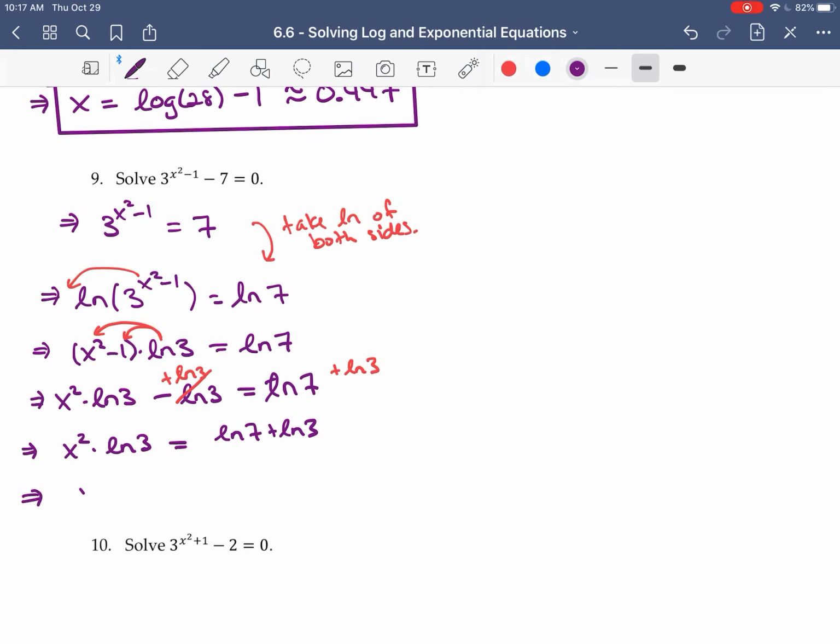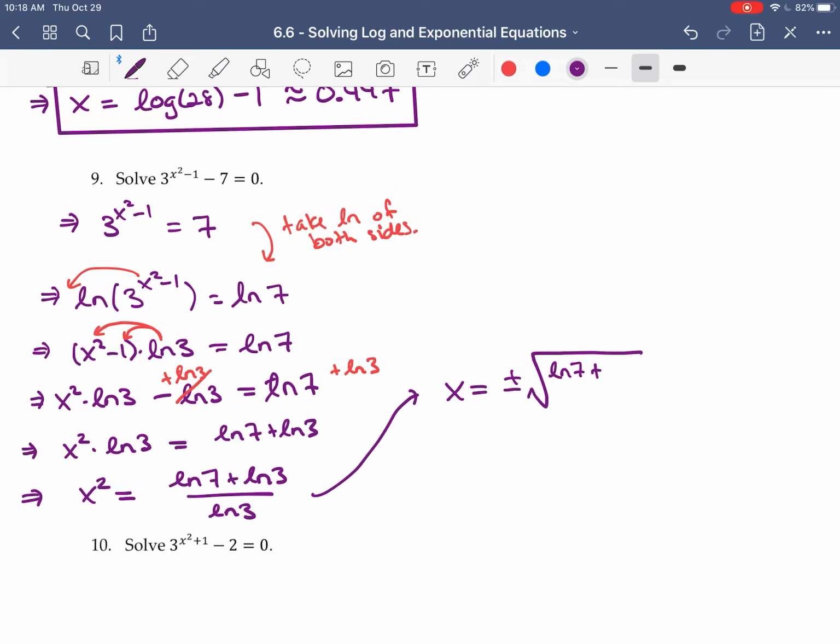Divide both sides by ln 3, and I get x squared is ln 7 plus ln 3 over ln 3. And then when I take the square root of both sides, that means that x is going to be plus or minus the square root of this number. So square root of ln 7 plus ln 3 all over ln 3.